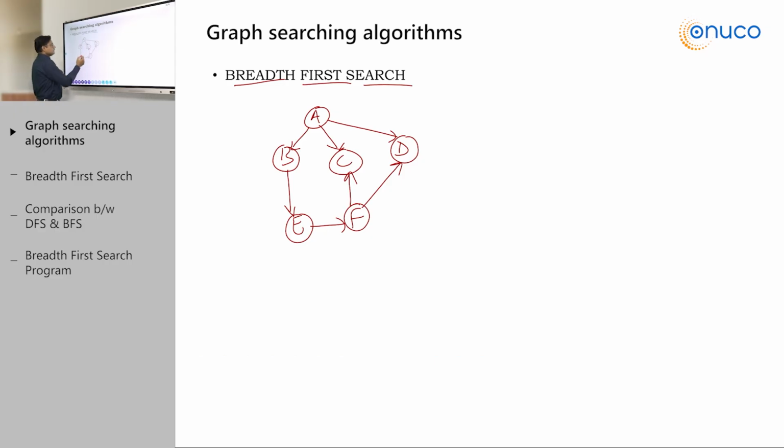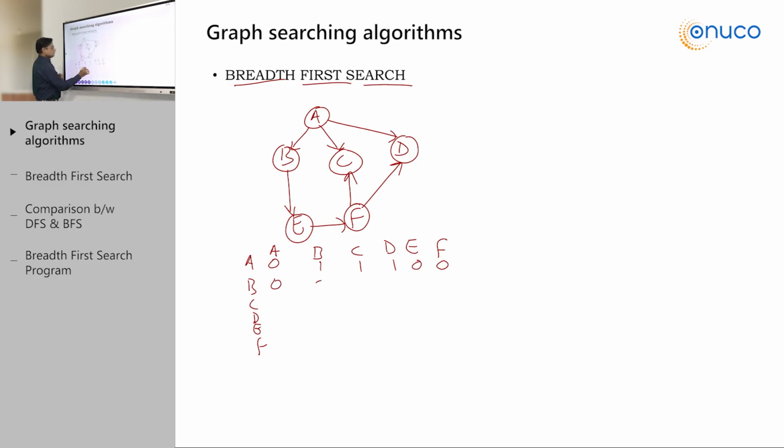If you are going to write their adjacency matrix, how does it look? Here we have A, B, C, D, E, F, and A, B, C, D, E, F. A to A is 0, A to B is 1, A to C is 1, A to D is 1, A to E is 0, F is 0.